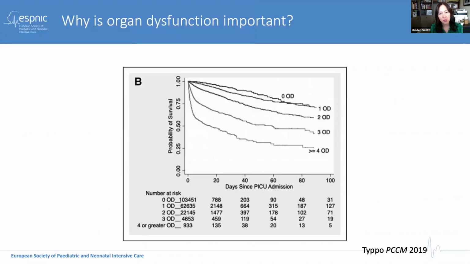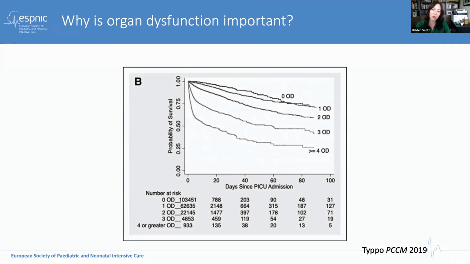But it's more than individual systems. This survival chart shows the number of organ systems that was dysfunctional at the time of ICU admission. So you can see the bottom line with the worst probability of survival were patients with more than 4 organ dysfunctions. On the one hand, this is somewhat intuitive. More organ dysfunctions, worse survival.